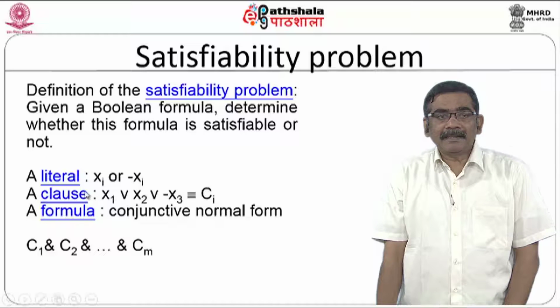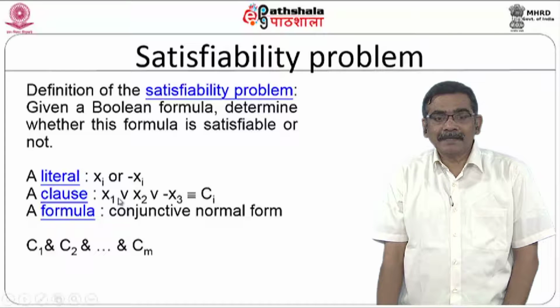A literal is a variable or its negation, like x1 or not of x1. We can combine lots of literals to create a clause, and we can combine lots of clauses to form a formula.